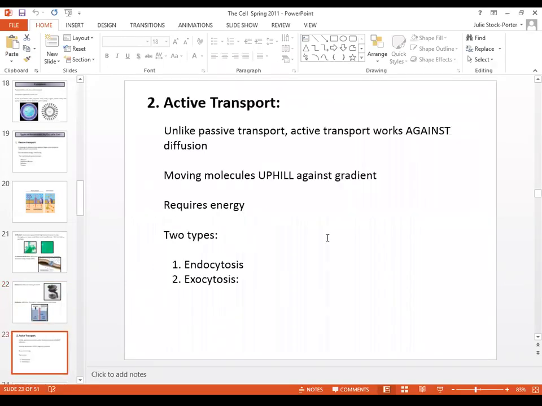Now, active transport is a little bit different. Unlike passive transport, active transport works against diffusion. It moves molecules uphill against a gradient, and it requires energy. Now, I use the analogy of going with a crowd. Let's say that you're at a concert and it's a hot ticket and there are 8,000 people at this concert.